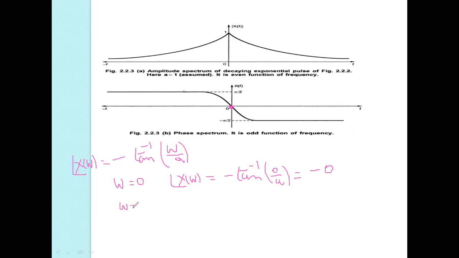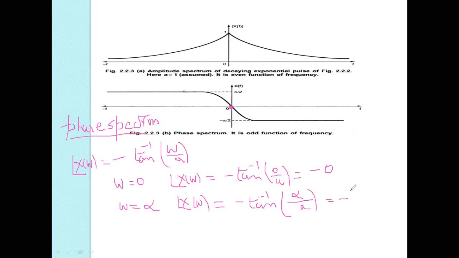And coming to omega is equal to infinite, what is the angle for the phase spectrum, my dear students? Minus tan inverse of omega, that is infinite by a.